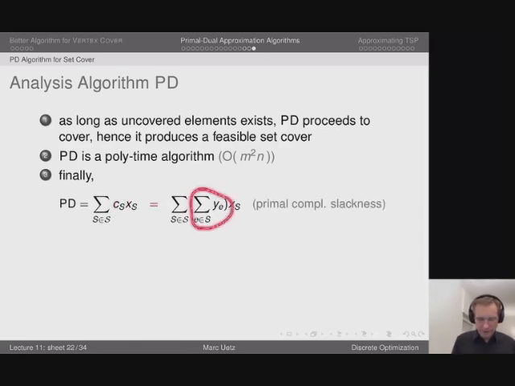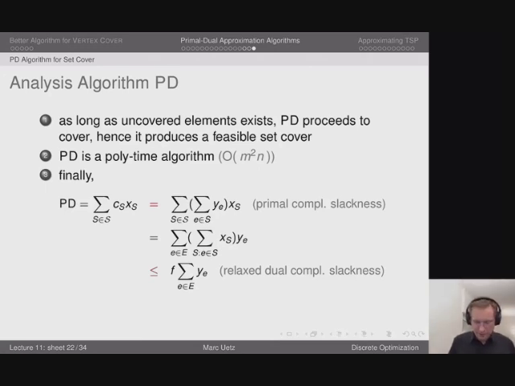So I can plug that in for the cost c_S because of primal complementary slackness, and I have indeed equality here. All right, now I just reordered the summation. So this was a summation over subsets S and all the elements that contain it, and now I sum it over all the elements and all the subsets that contain that element. So that's the same.